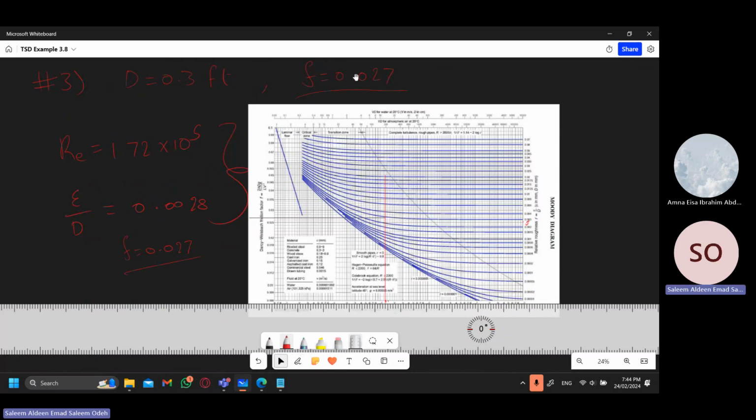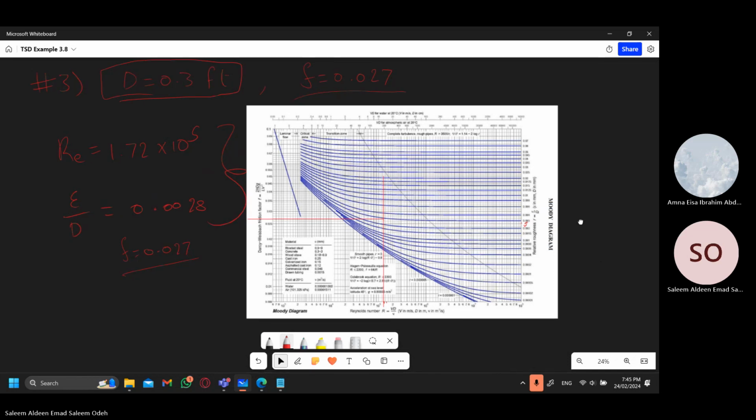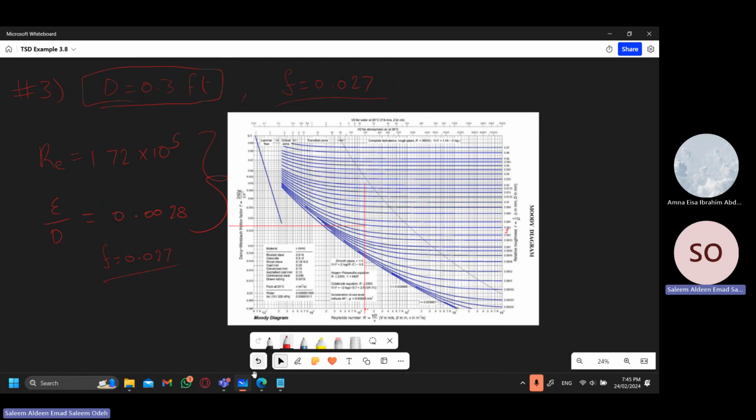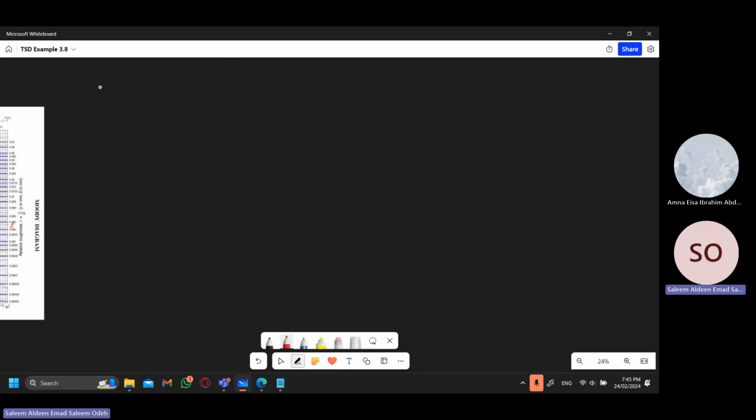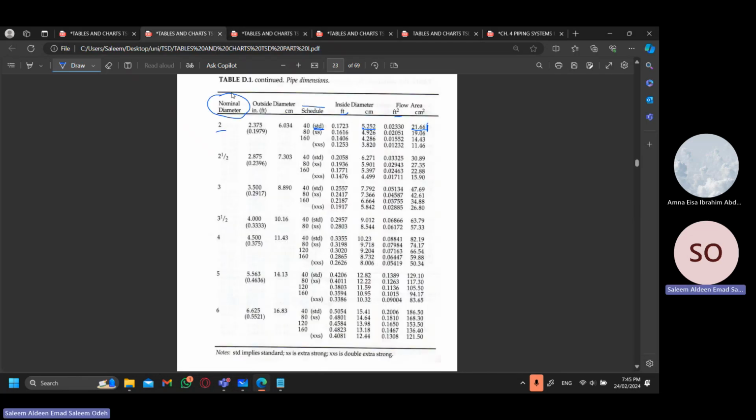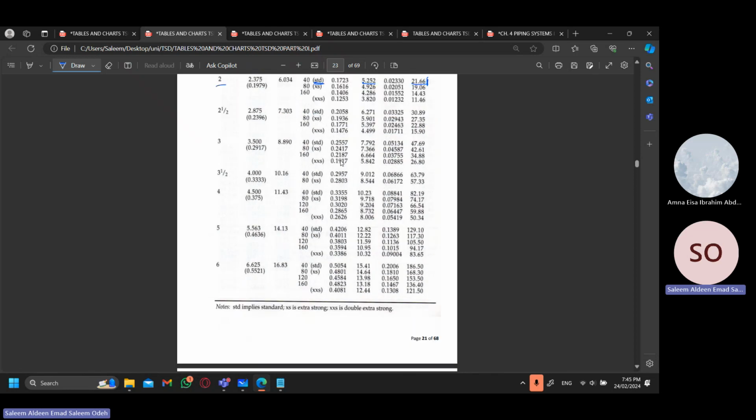So now since we have two friction factors which are the same, we could confidently say that the diameter is 0.3 foot. But the problem is we can't really say which diameter we would like to use. We need to go to the tables and choose a diameter from there. The diameter that we calculated to work in our system is 0.3 foot, correct? So we will go to the table D1 and look at the foot column until we find a diameter close to 0.3.